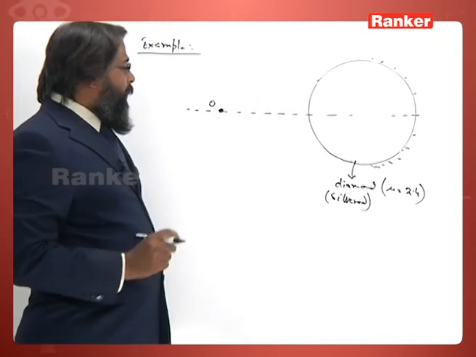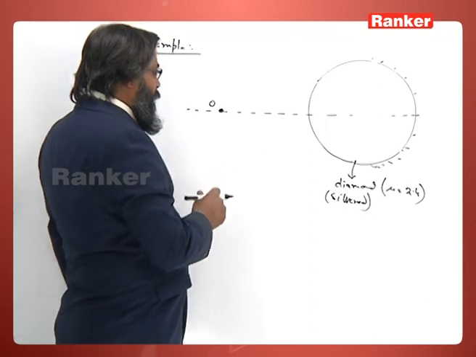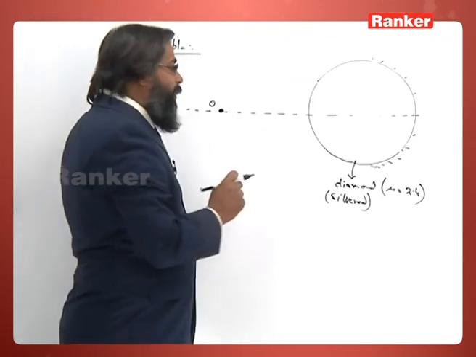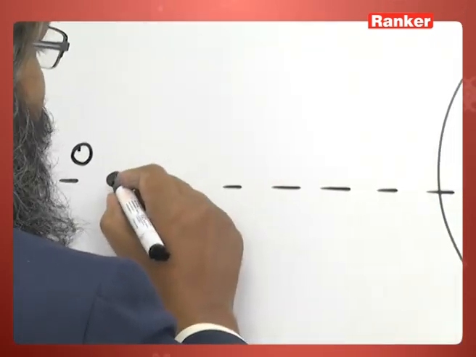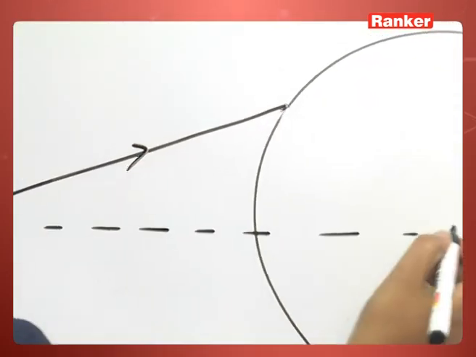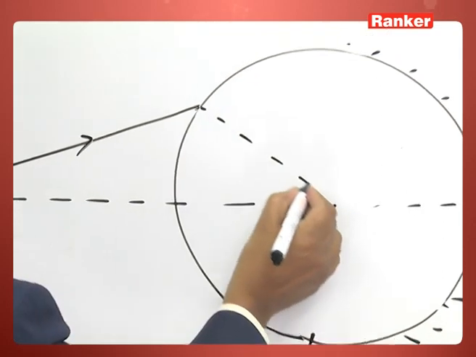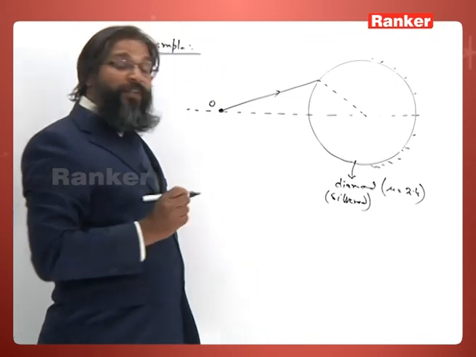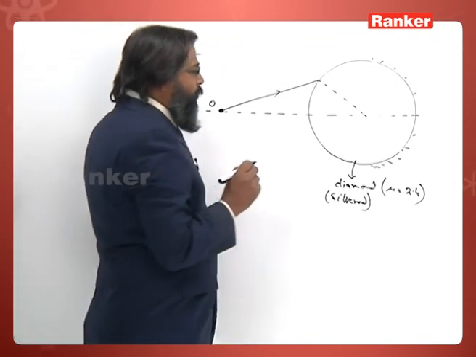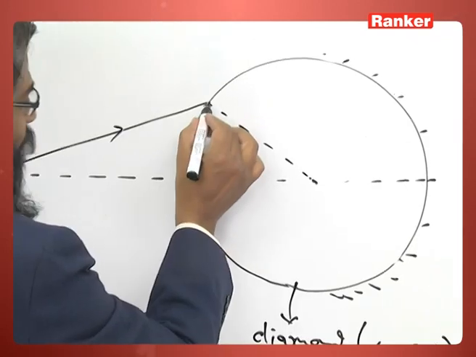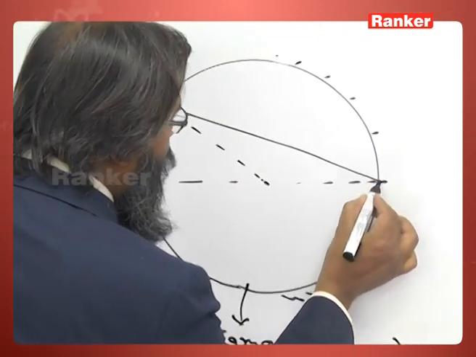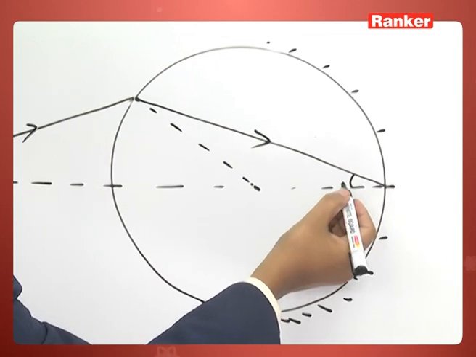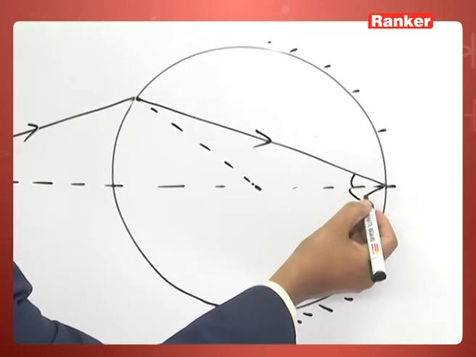So, we have to think in a different way for this problem. Let us do that. The previous concept is not going to be used here, because any ray incident like this cannot pass through the center of the diamond, because here the angle of refraction would become equal to 0. So, what we do: if this ray manages to reach here, then this angle and this angle will be the same.